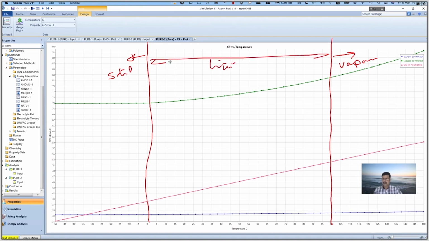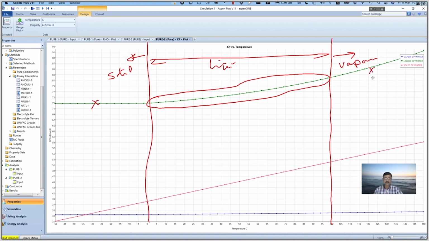So the green line is liquid CP. So this portion is relevant for this curve. This portion is not relevant, this portion is not relevant.